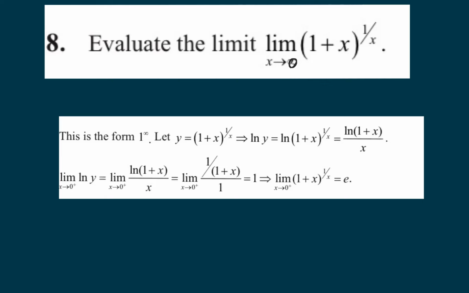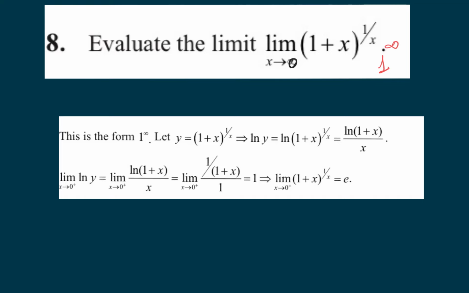It looks very similar to the previous problem, x raised to 1 divided by x, but now it's an indeterminate form where, as x goes to 0, 1 plus x approaches 1, and 1 divided by x approaches infinity. So this is an indeterminate form of the form 1 to the infinity.